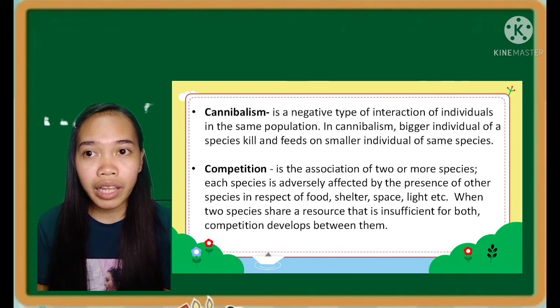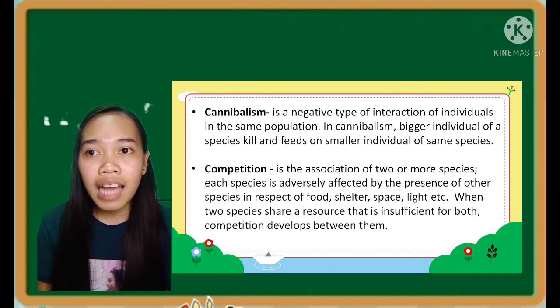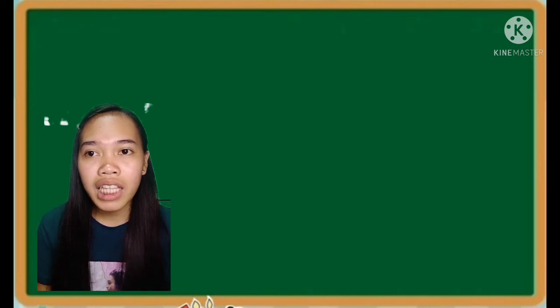Competition occurs when individuals attempt to obtain a resource that is inadequate to support the individuals seeking it, or even if the resources are adequate, individuals harm one another in trying to obtain it.